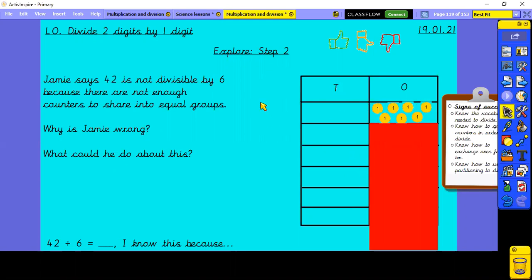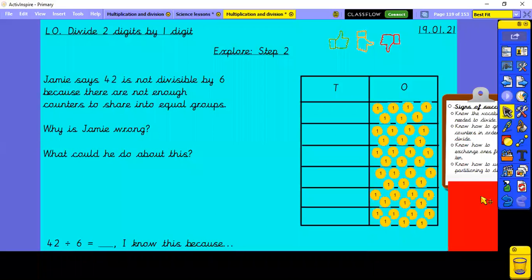So now we know 42 divided by 6 is 7. And because we know our family facts, 6 times 7 is 42, we know that 42 is divisible by 6. So you just need to think if you can exchange some 10s for some 1s to make your calculation possible.